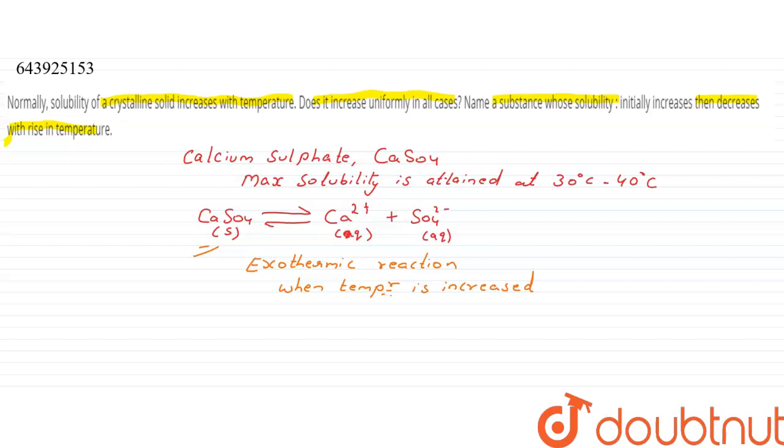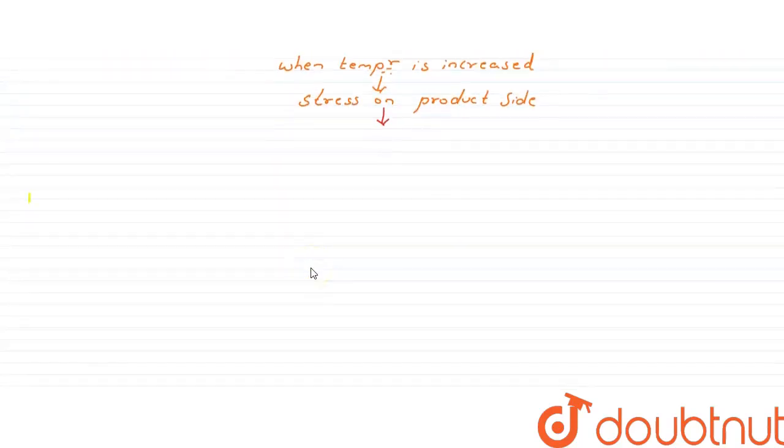So let me re-explain this. When the temperature is increased, what happens? There is a stress on the product side of the reaction. Then what happens when there is a stress on the product side?